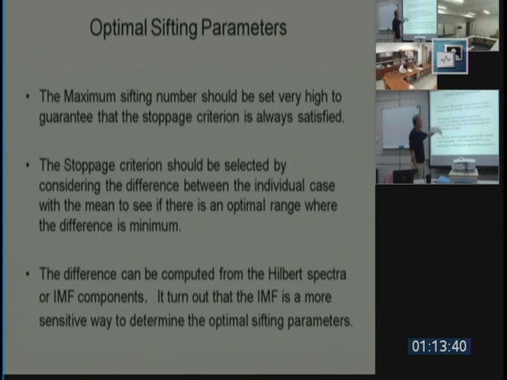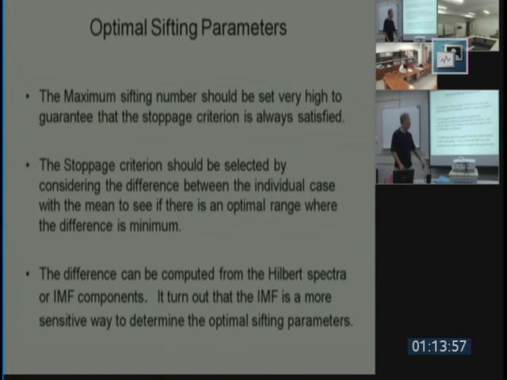That was the view I had before, but now I'll modify that, especially in light of what Dr. Wu did. He said, forget about the large number of siftings, just set it to 10, forget it.